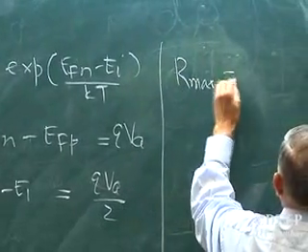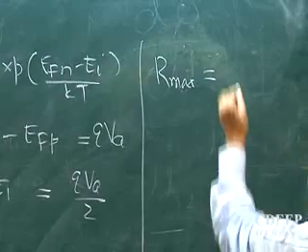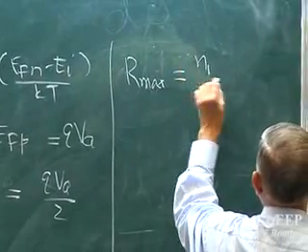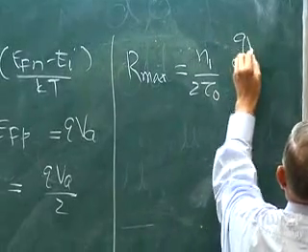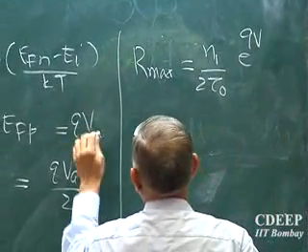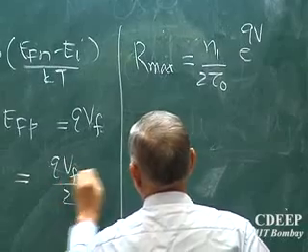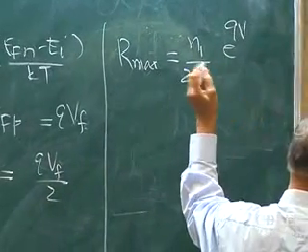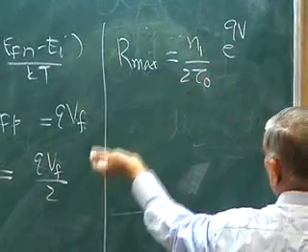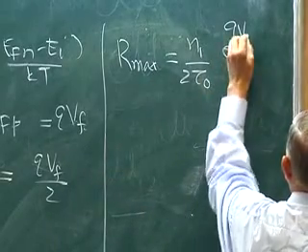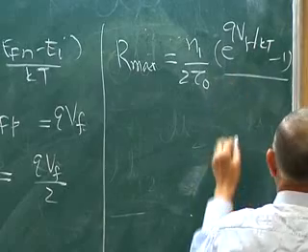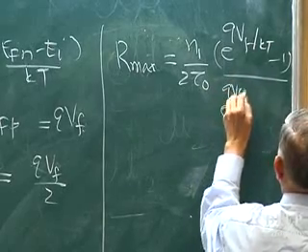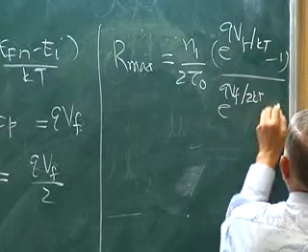because I am assuming everything to suit this, I get ni by 2 tau 0 times e to the power q, instead of Va, since we have been calling it Vf, but the book which I used is Neamen's book, they are using Va, so I think I wrote Va, but it doesn't matter, kT minus 1 divided by e to the power qVf by 2kT minus 1.